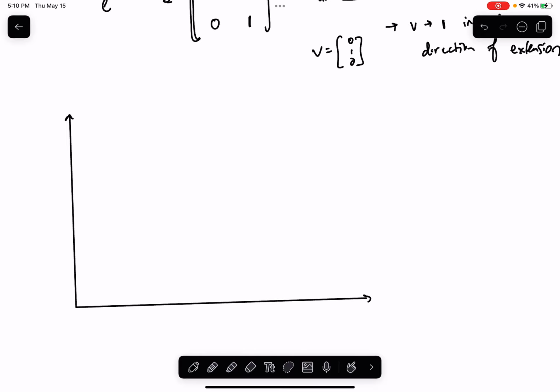So let this be our coordinate system, x in this direction and y in this direction, which makes z out of the page again.